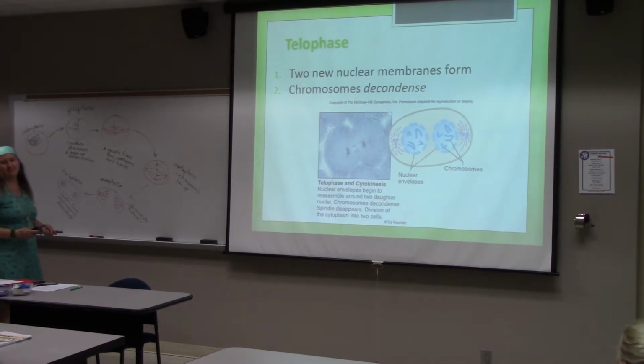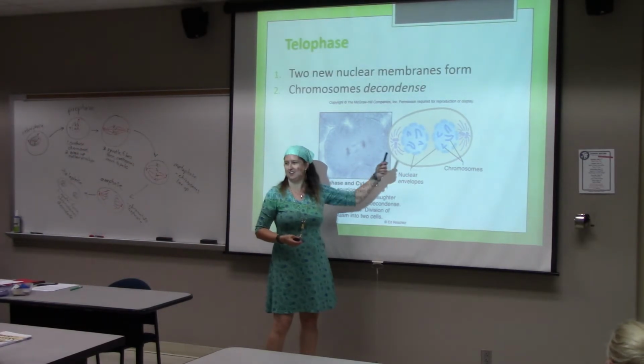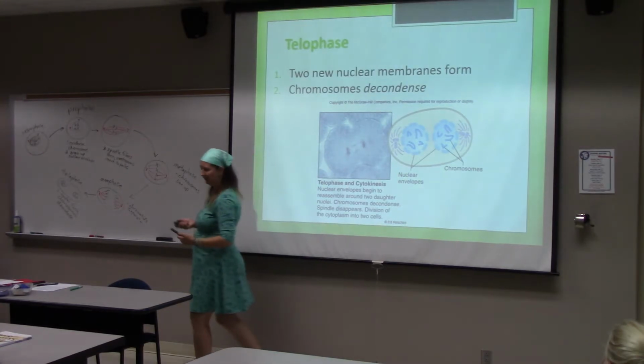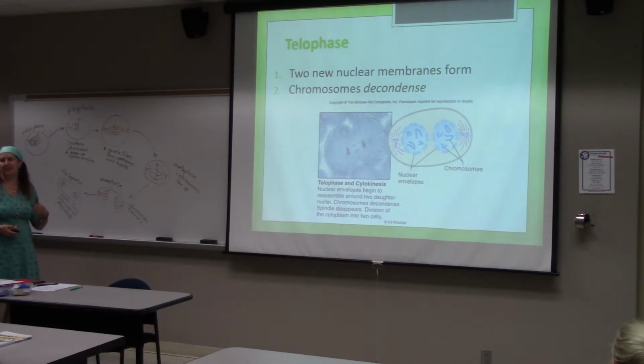So if we just did mitosis without cytokinesis, you'd get a cell with 2 nuclei. Cytokinesis is the process of dividing up the cytoplasm and the membrane to make 2 separate cells.